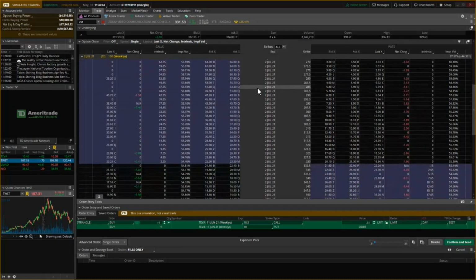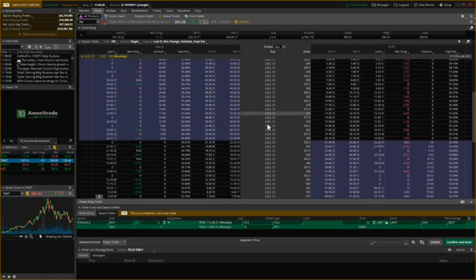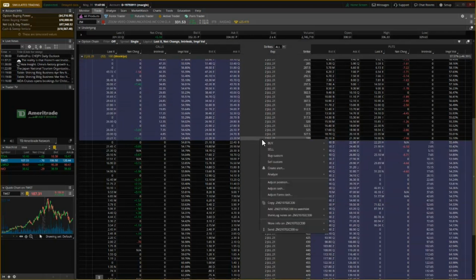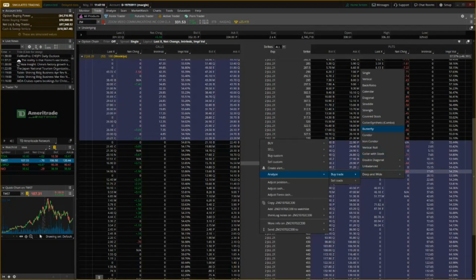And as you can see, you have a not bad implied volatility, which is pretty high at 55 plus, both on the calls and the puts. If we're going to buy this strangle here for 32 days, let's see how it's going to look.